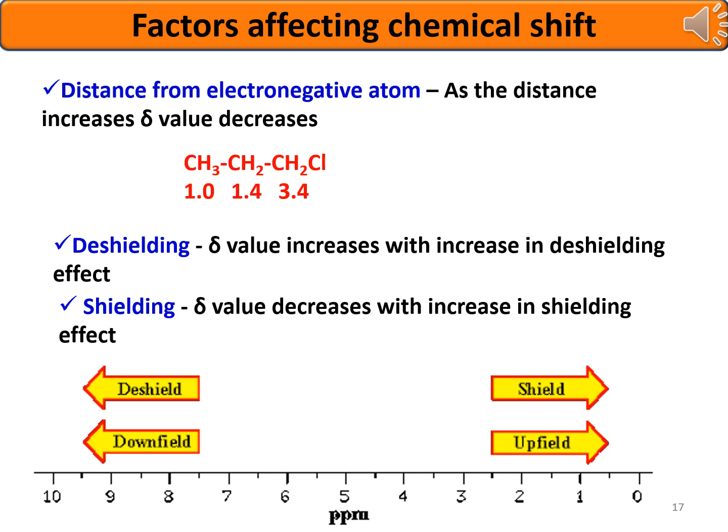As the distance from the electronegative atom increases, the deshielding effect decreases and hence the delta value decreases. Deshielding and shielding are other factors affecting the chemical shift. In deshielding, the induced magnetic field reinforces the applied magnetic field and hence the delta value increases. And in shielding, the induced magnetic field weakens the applied magnetic field and hence decreases the delta value.